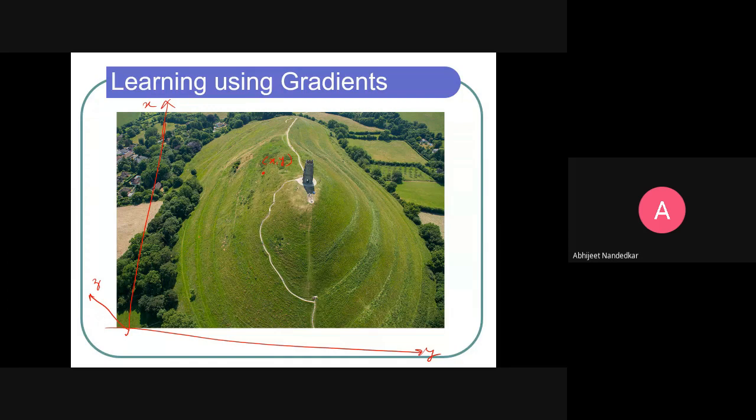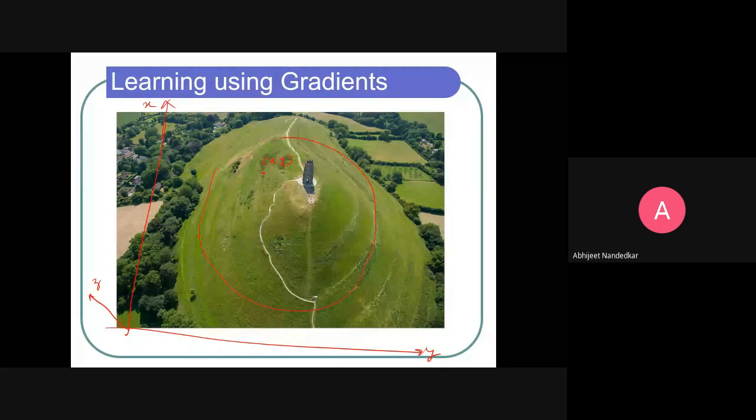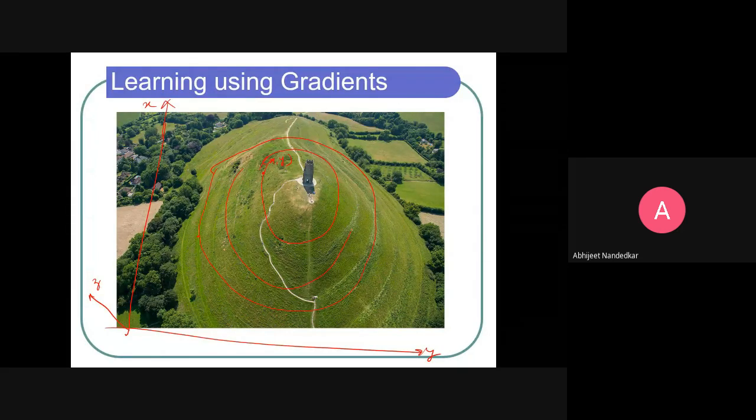If I take the gradient of this height, you can join all these equi-height points and it will form a locus, something like this. If you stand here and take the gradient of height at this point, it will point you towards the maximum height from this location.